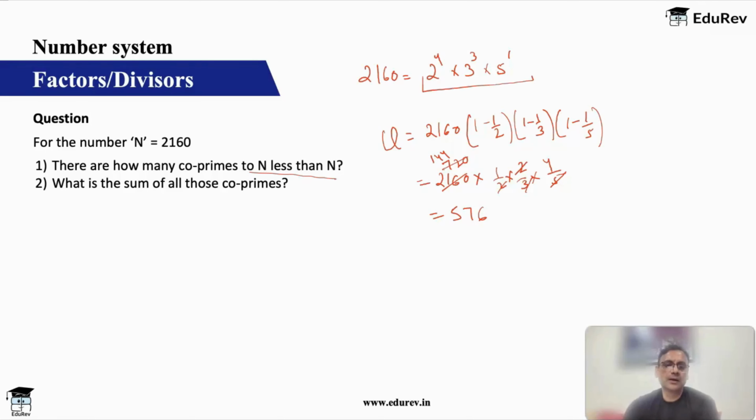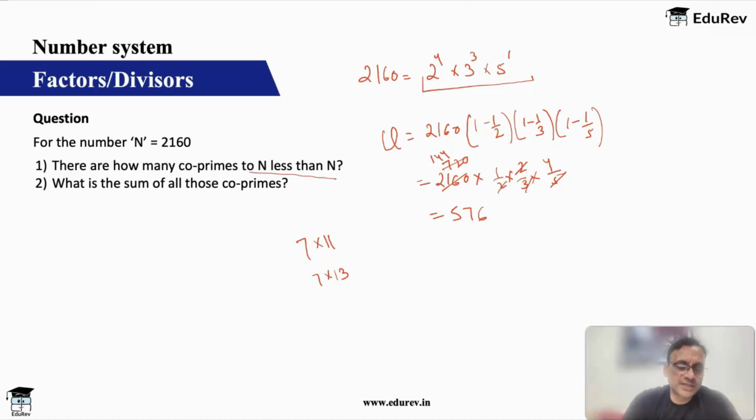For example, number 7. 7 is a prime. But 7, if it gets multiplied with anything other than 2, 3, 5, so 7 into 11, 7 into 13, numbers which are multiples of prime would also be coprime to this. Only thing is they should not contain 2, 3, 5, that's all. Okay, so you will have 576 numbers.